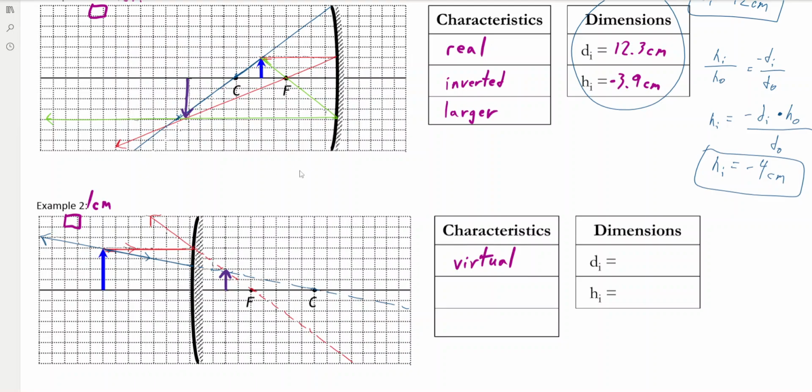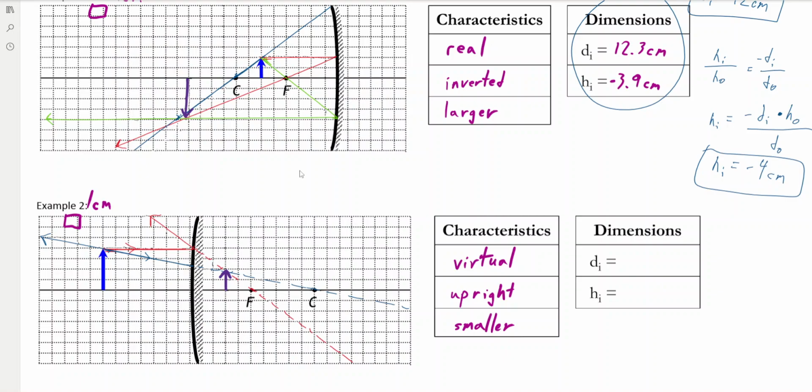This is right side up. So upright. And this is smaller. Okay, and we can figure out the dimensions.